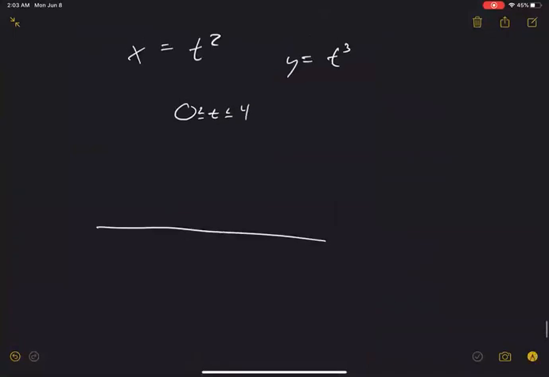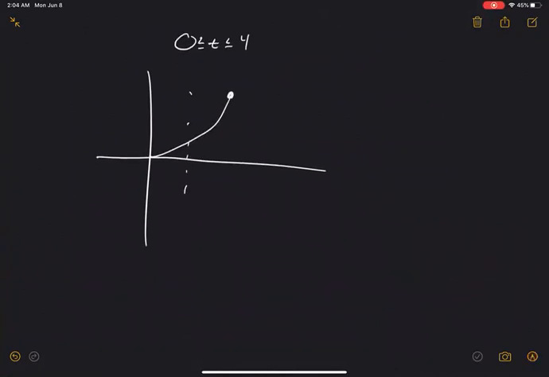Well, the graph of this thing would just look like this. So this is a function of x, right? It passes the vertical line test. So then I could do this one either way.